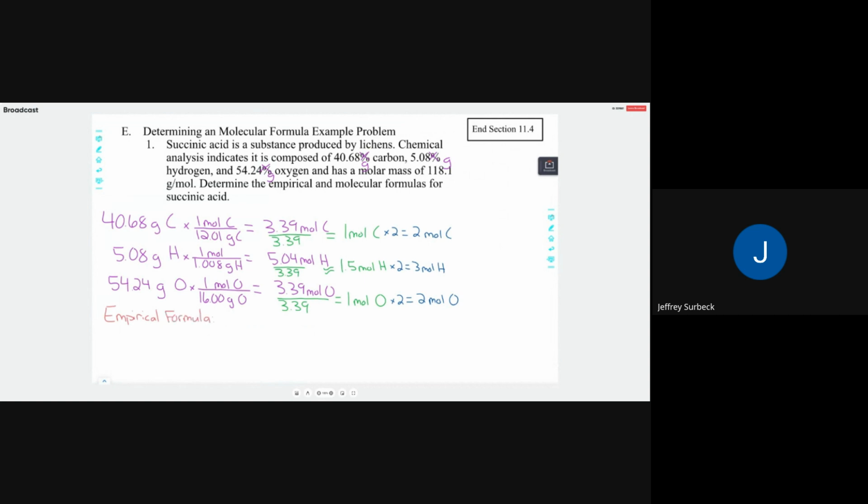Okay, empirical formula. We start out, I say carbon. What's going to be our little number below carbon? Okay, we have hydrogen. What's our little number there? 3. And how about oxygen? 2. Okay, so at this point in time, I'm just going to verbally talk through this. If we found the molar mass of C2H3O2, you could Google it to confirm what I'm going to say.